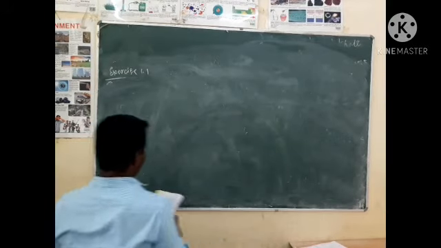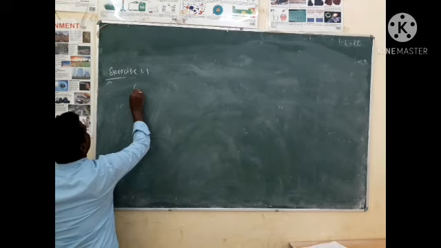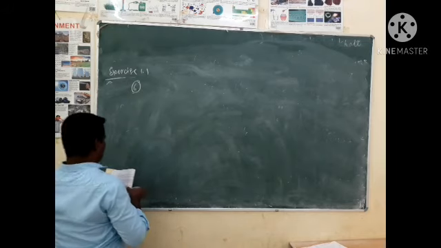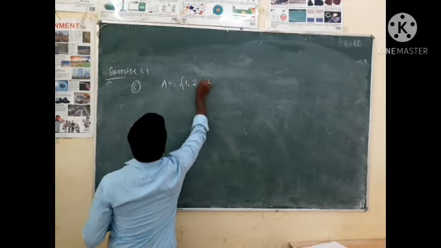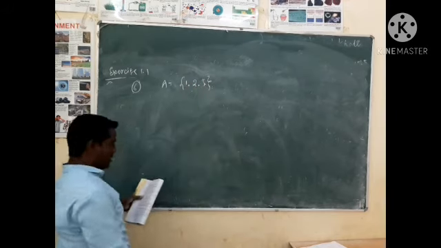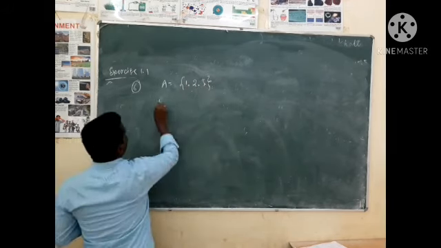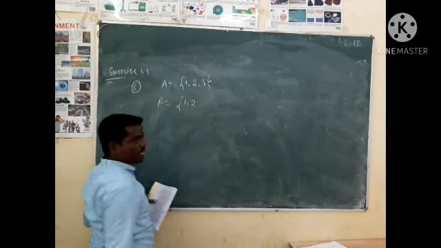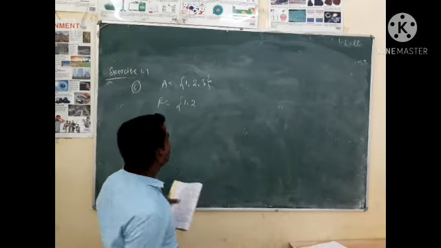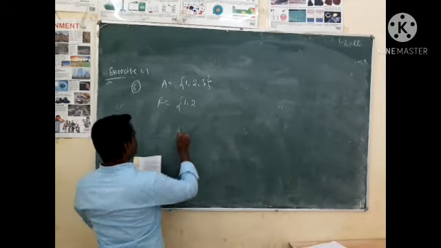Here, sixth one. Set A equal to {1, 2, 3}. The relation is given as {(1, 2), (2, 1)}; you can write the same as in your textbook.